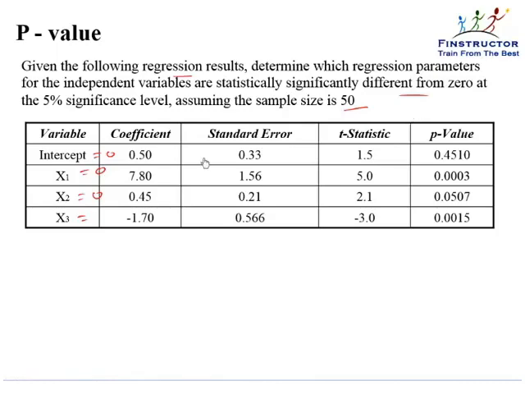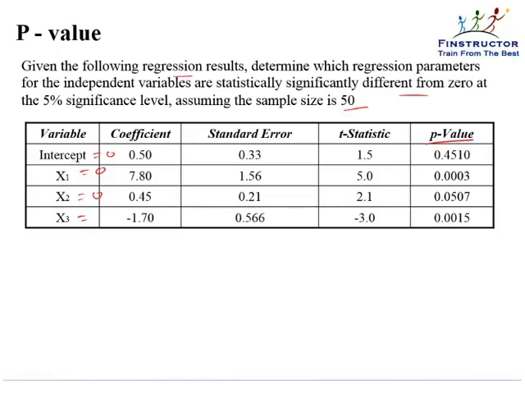Now, we are given a lot of information that could have otherwise been used to solve this question. But fortunately in the table, we are also given the p-value. If the p-value is given, the question is solved. The p-value is defined as the minimum level of significance at which this null can be rejected.